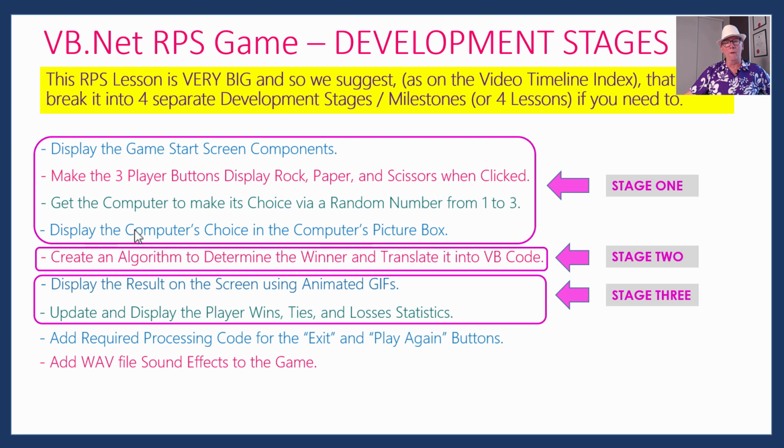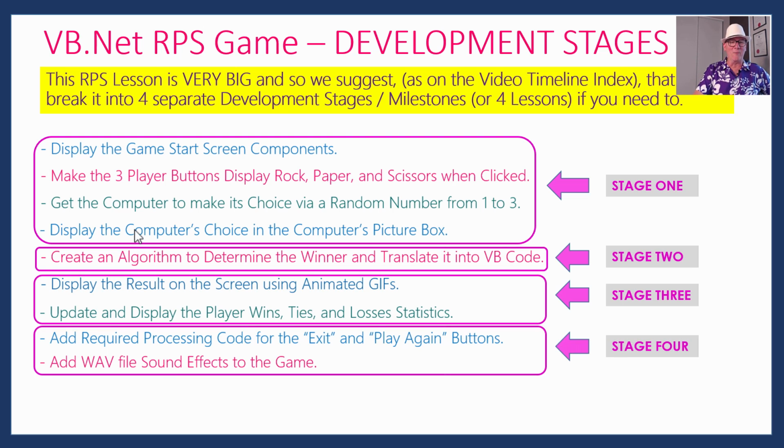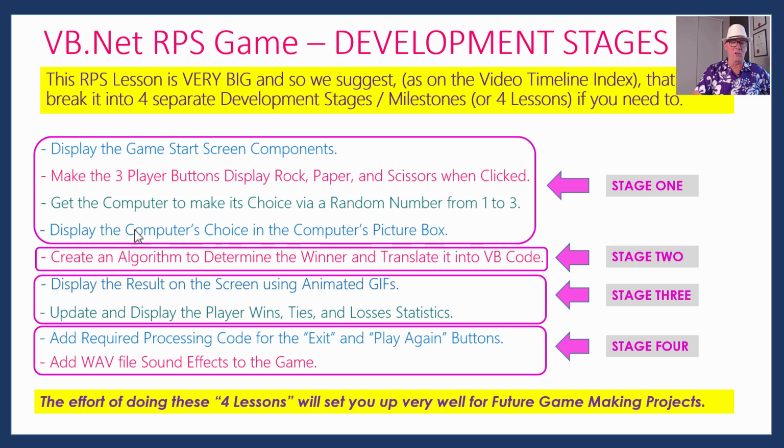And then for lesson 4, which you could come back and do another day. We could have spent 3 different days working on this, because I know we spent several days developing this lesson. And then stage 4 is where you finish it off and get those play again button working and add those really cool fun sound effects in the game, and then you're done, all right? So it is really 4 lessons, okay? Think of this as 4 lessons because it's monstrous, but we're just gonna go through it and do it all in one hit and show you.